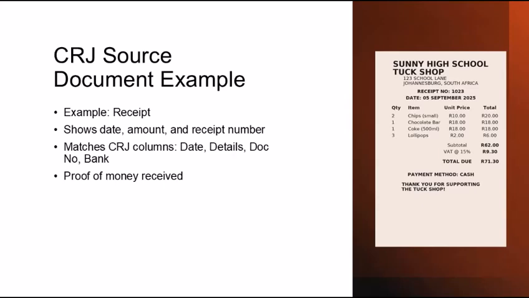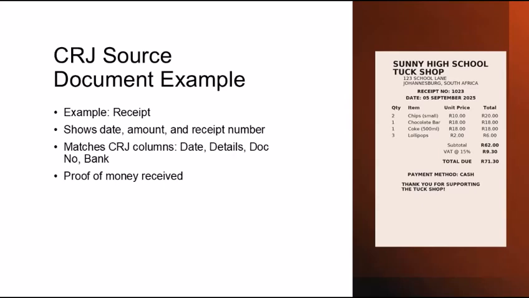Here is an example of a receipt, which is a cash receipts journal source document. Notice it has a date, the amount, and a receipt number. These match with the cash receipts journal columns.